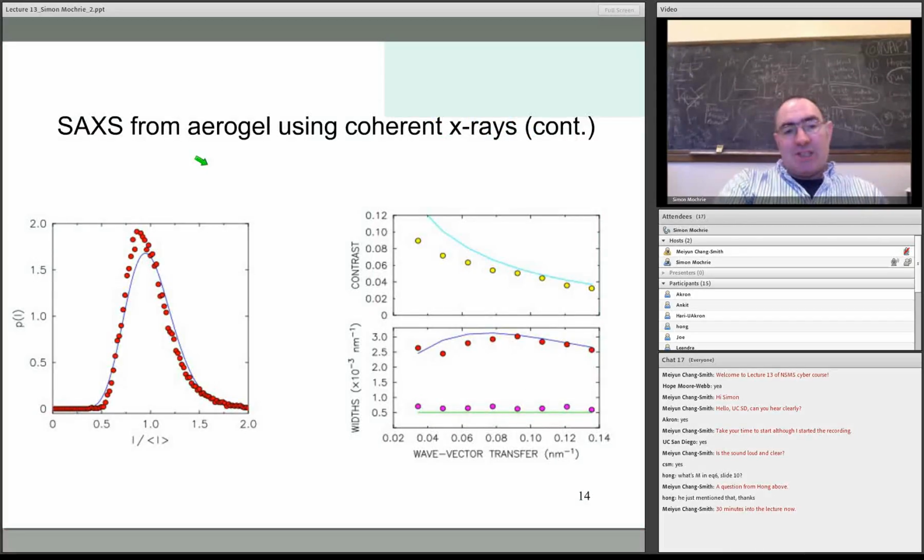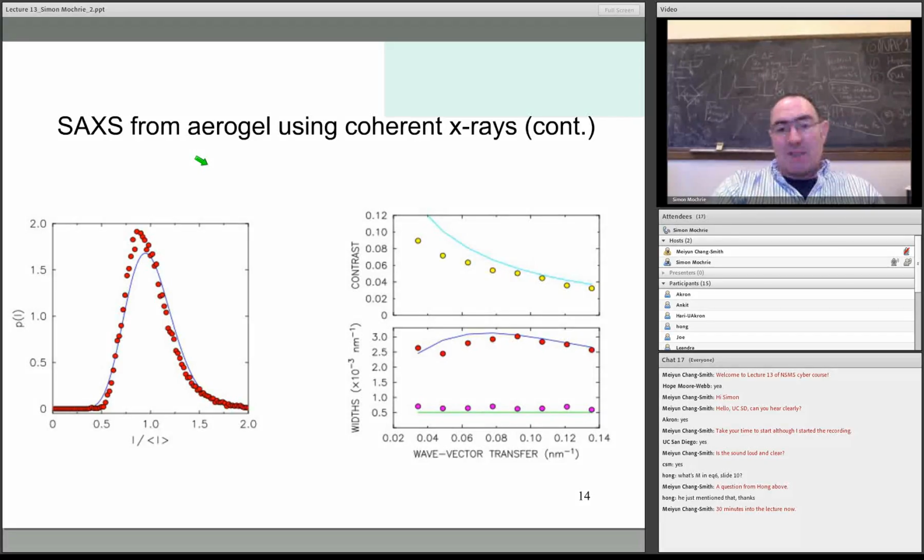This is just to say that one can characterize the statistics of speckle patterns such as the one I just showed. This plot here shows the distribution of intensities, normalized by the intensity, but the point is that this is a very broad distribution of intensities, much broader than you would expect based on anything other than this speckle idea.